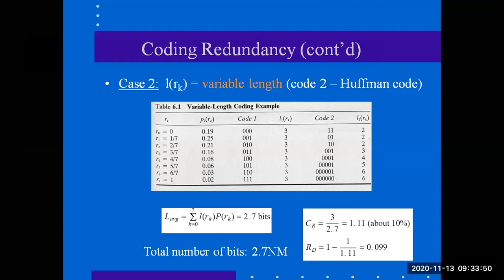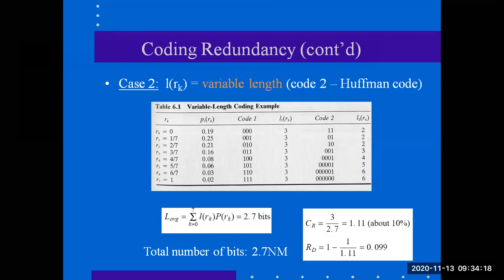These are my levels. And what is the probability? The probability is PR of Rk, in the second column: 0.19, 0.25, 0.21, 0.16, 0.08, 0.06, 0.03, 0.02.